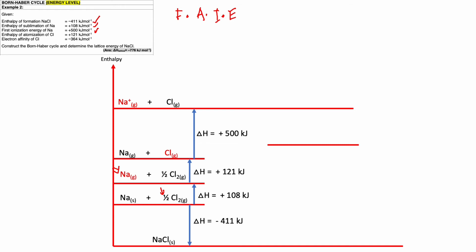It shouldn't be bigger than the 500. So going down and write your equation here. As you can see, the changes is from the gaseous chlorine to the chloride gaseous ion. So you get this. And lastly, for your lattice energy, got this.